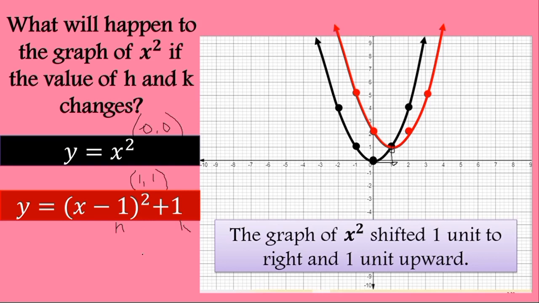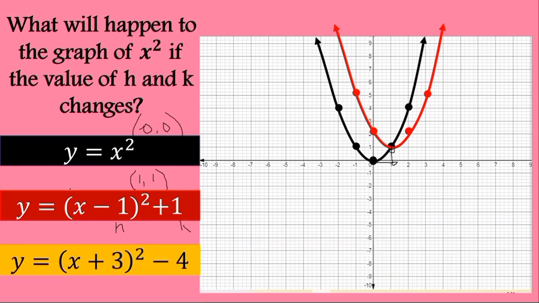Another example. From the graph of y equals x squared, we'll now have y equals x plus 3, squared, minus 4. So this is the graph. From the origin, from this black one, how many units did it move?